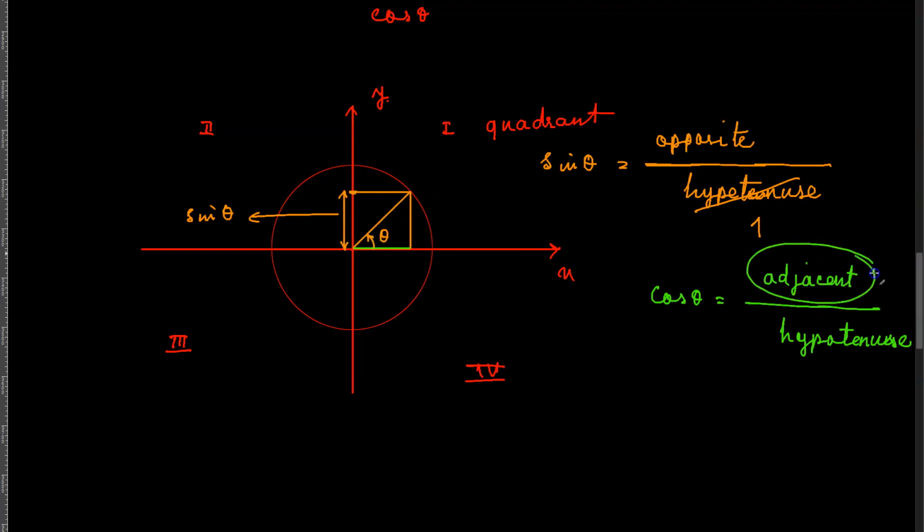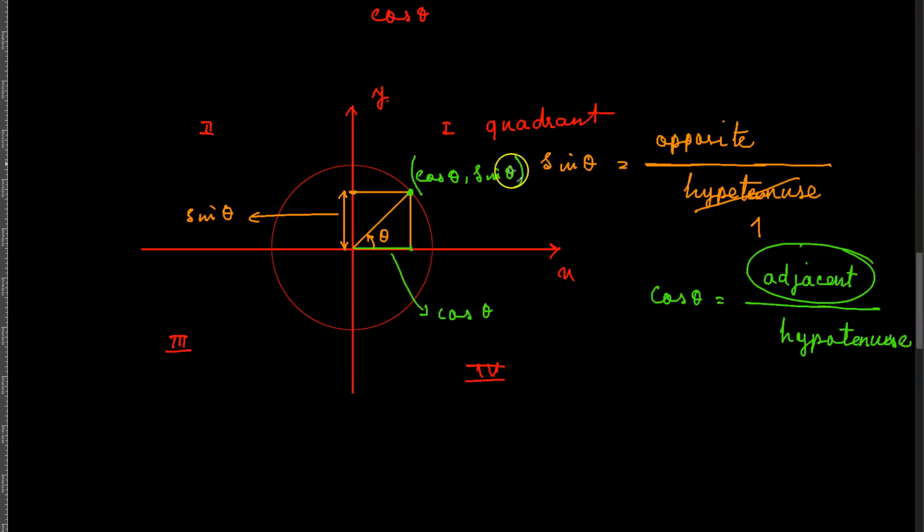So you can just think about the adjacent side, and this length over here becomes the cos of theta, right? So now if I think of this point on the circle, the x-coordinate of this point becomes cos of theta, and the y-coordinate of this point is the sine of theta.